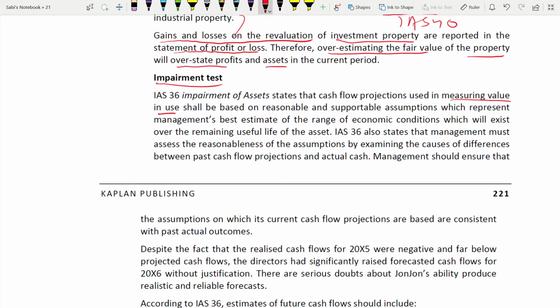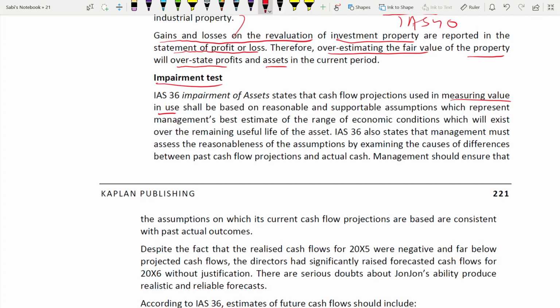We are not going to say whether indicators are there or assets are impairing. No. The main thing under impairment of assets is measuring value in use. How do you measure it? IAS 36 states that cash flow projections should be used in measuring value in use.